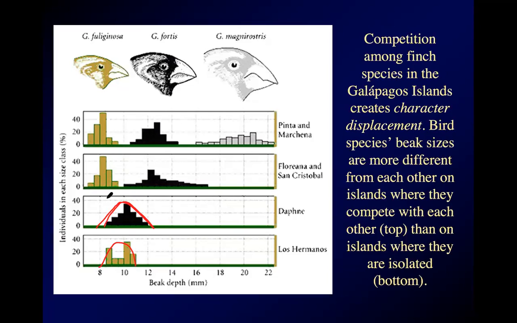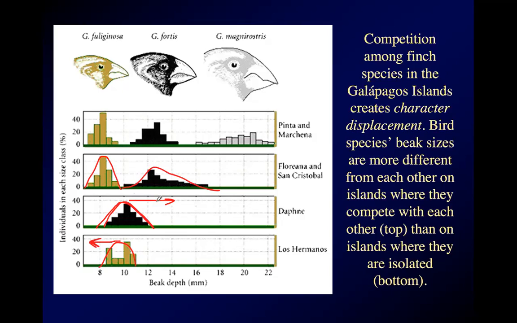What's happened is that where you have both species living together, selection favors fortis that has larger beaks. So it tends to push that bell curve in this direction. And in fuliginosa, selection favors birds with smaller beaks. So this bell curve gets pushed in that direction. And the reason is that this minimizes competition.